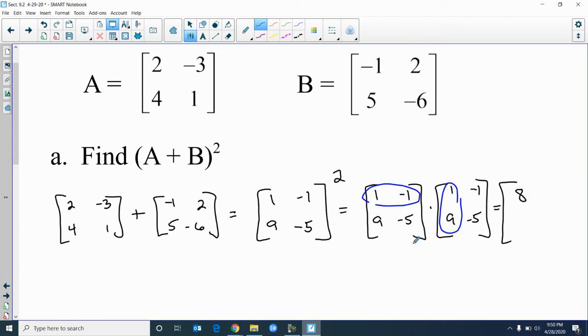I end up with an 8 there. Now again, since this is a 2 by 2 times a 2 by 2, the middle numbers match up and the end numbers are also the same, so the answer has to be a 2 by 2. Move across the row. 1 times -1 is -1. -1 times -5 is 5. Add those together, you get 4.